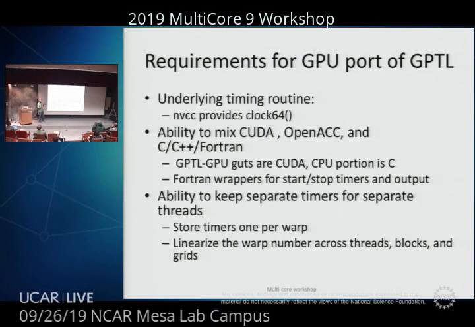It's a 64-bit cycle counter. It doesn't count seconds like gettimeofday does, but that's not a big deal. You can just count cycles. And so that was the real key that once I found out that exists, I was convinced it was at least possible to build this library extension for use on a GPU.